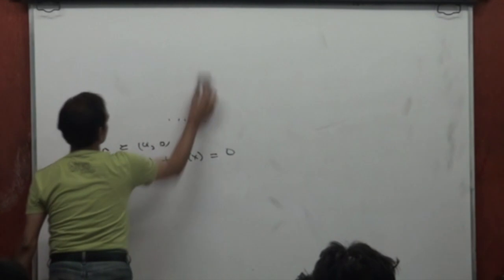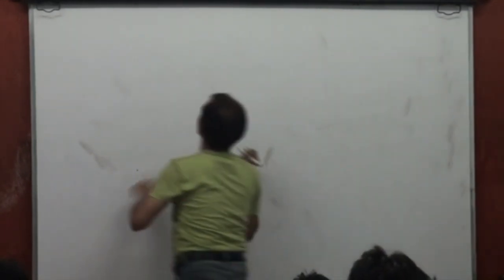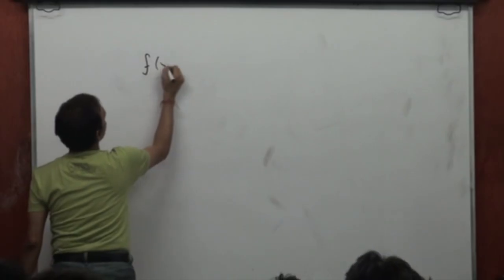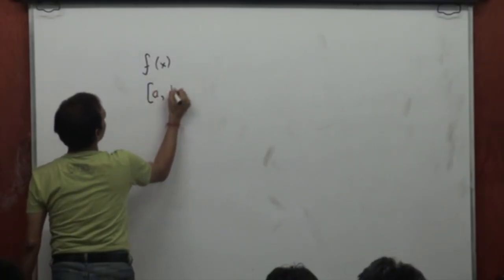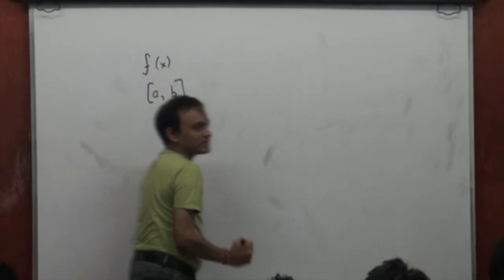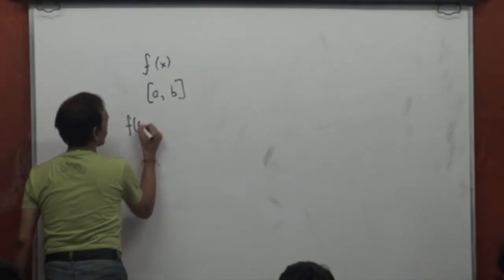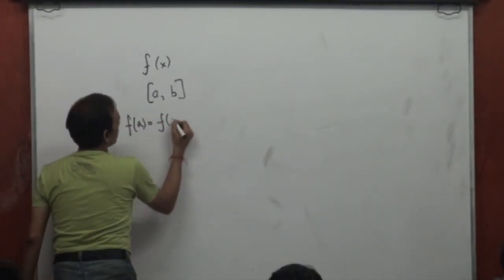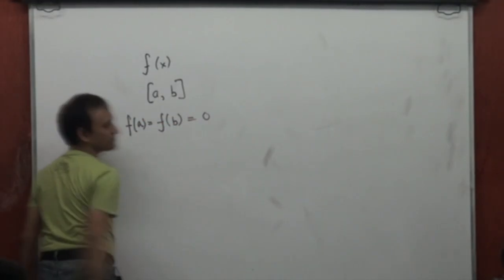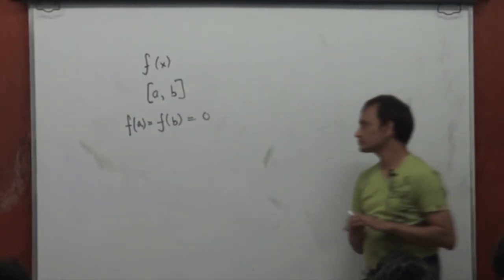Again, let's say there is a function f(x) continuous and differentiable in the interval a to b, and again vanishing at the endpoints of the interval, f(a) = f(b) = 0.